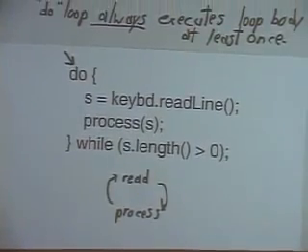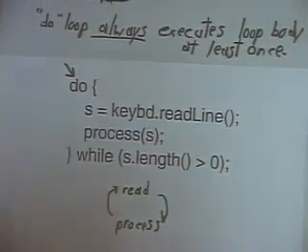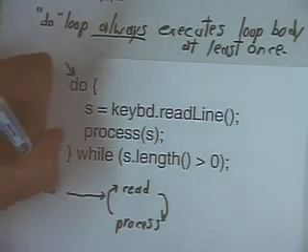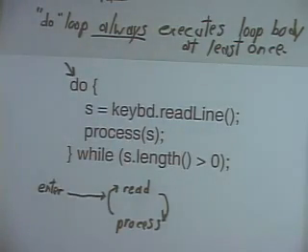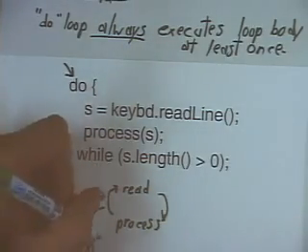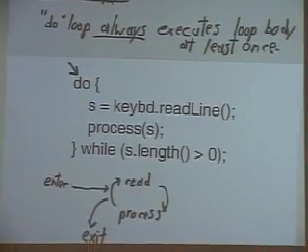And there is a natural entry point to the loop, which is before we read something for the first time. And because it is convenient to have a loop exit from the same point in the cycle where you enter, this loop winds up exiting here. So we do read, process, read, process.